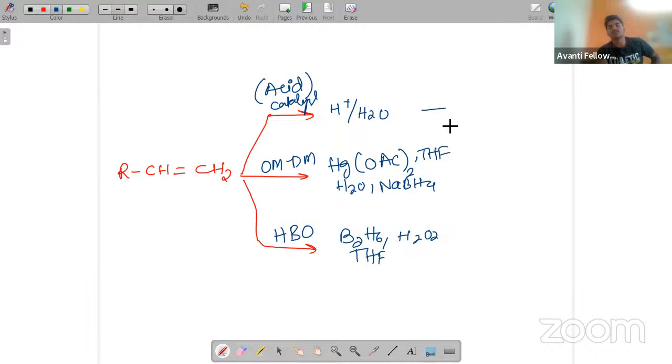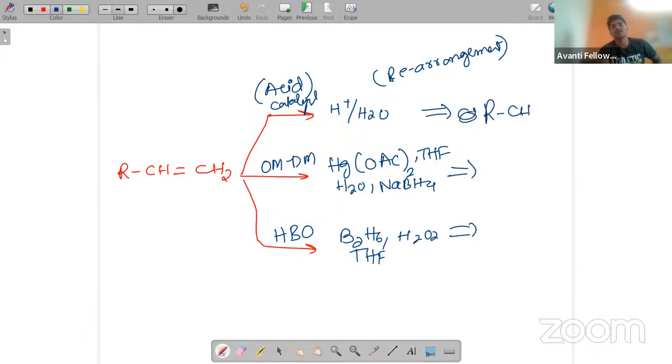So what is the product here? The products are very simple. Here rearrangement will take place. The product is RCH, OH, CH2.